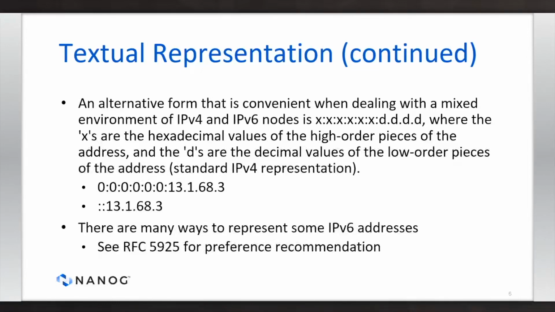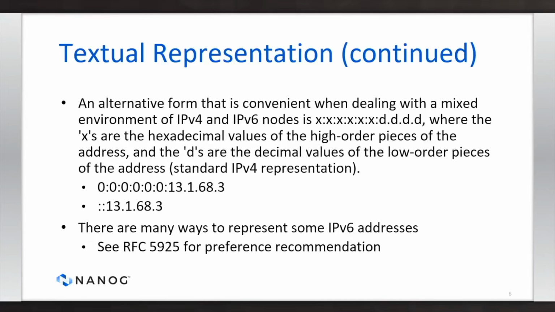As it turns out, there are many ways to represent some IPv6 addresses. The rules that I just gave you really aren't enough to give you a common way to represent everything. For instance, let's say an address has four zero fields in it. Two of them are adjacent to each other. Another two are adjacent to each other. Where do you put the double colon?